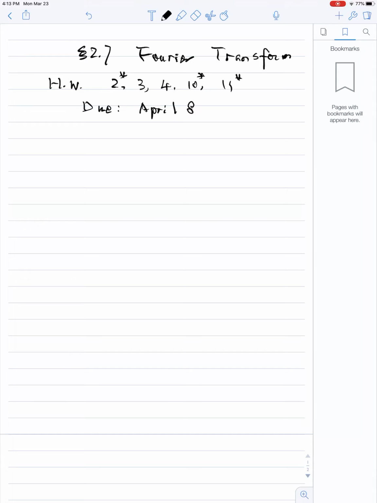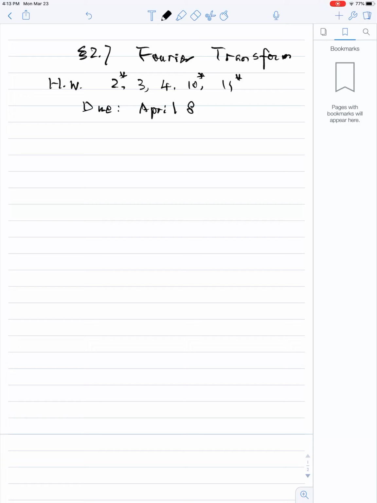I will post these problems on Sakai, on Canvas under assignment as well. So you should do the homework problems, scan your work, and submit it through the Canvas site.